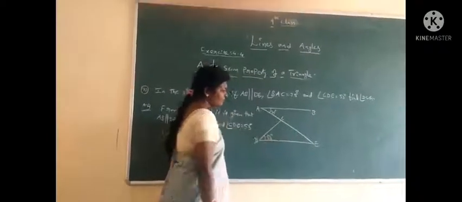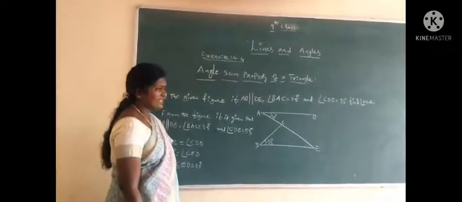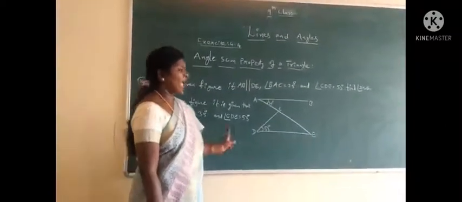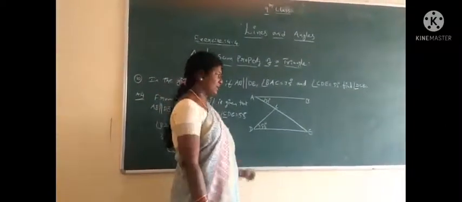Next, the sum of three angles in a triangle is 180 degrees. Why? Because of the angle sum property of a triangle.